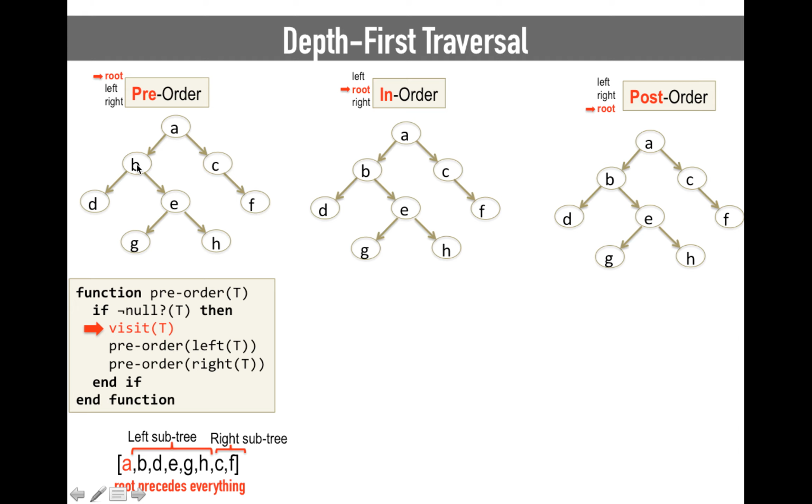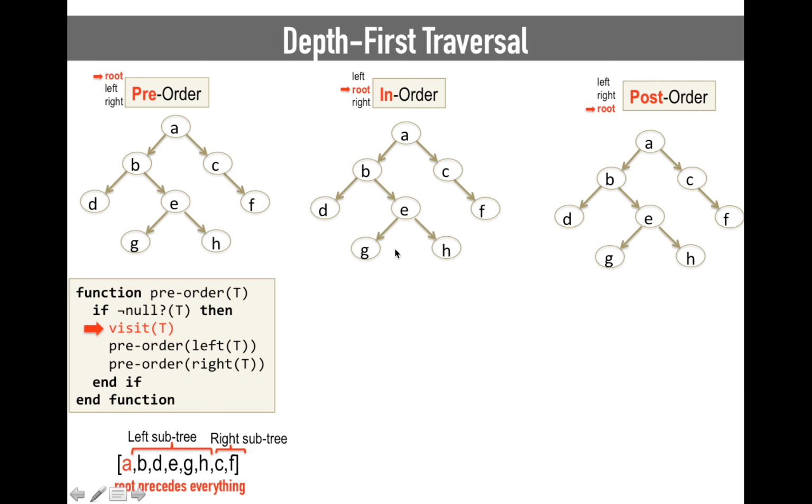Well, you repeat. Root goes first, and then left, D, you only have one node here, so this is easy, and then right. And how do you order the nodes here? Exactly the same. Root goes first, E, and then left, right, G, H. For that part, exactly the same. Root goes first, C, then left, there's no left node, and then F, right node.